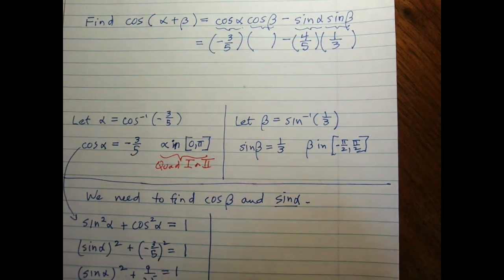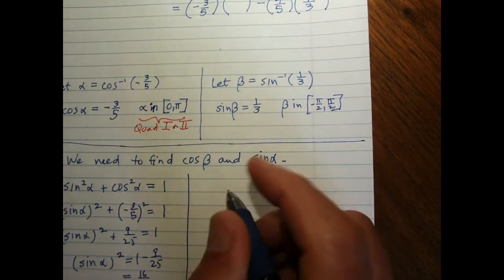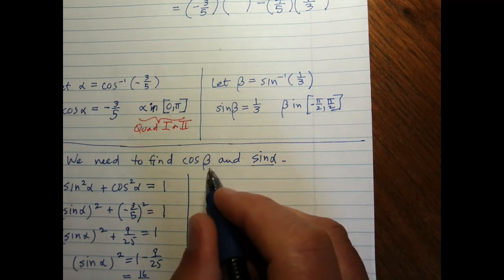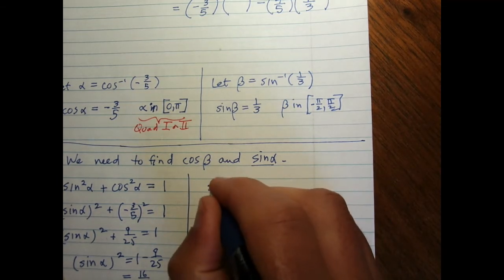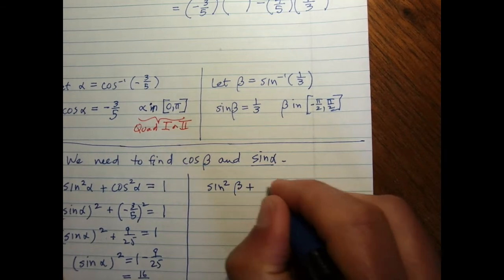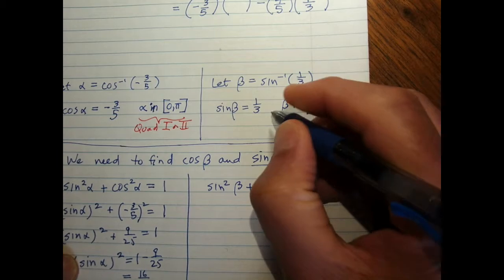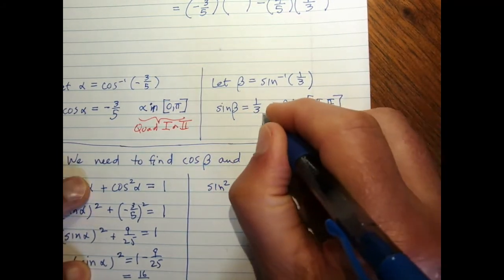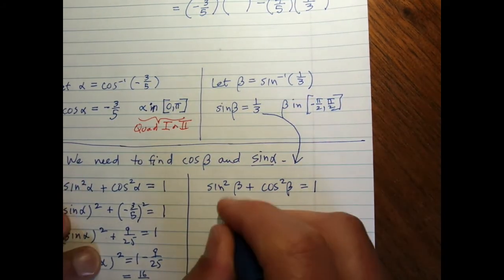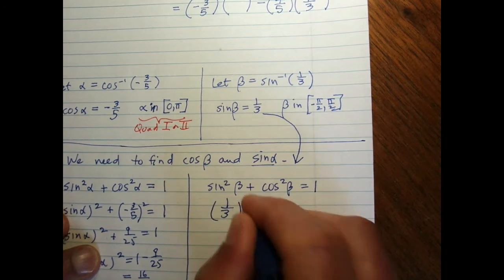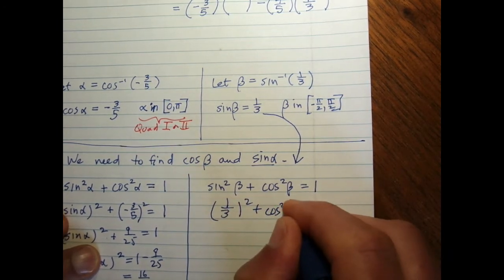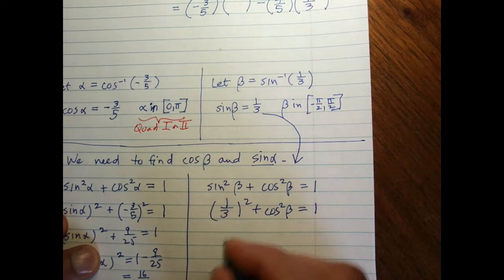And now I also need to find cosine of beta, right? So we're going to use sine squared beta plus cosine squared beta equals 1. And here's where I'm going to plug in my sine of beta, 1/3 squared, plus cosine squared beta equals 1.